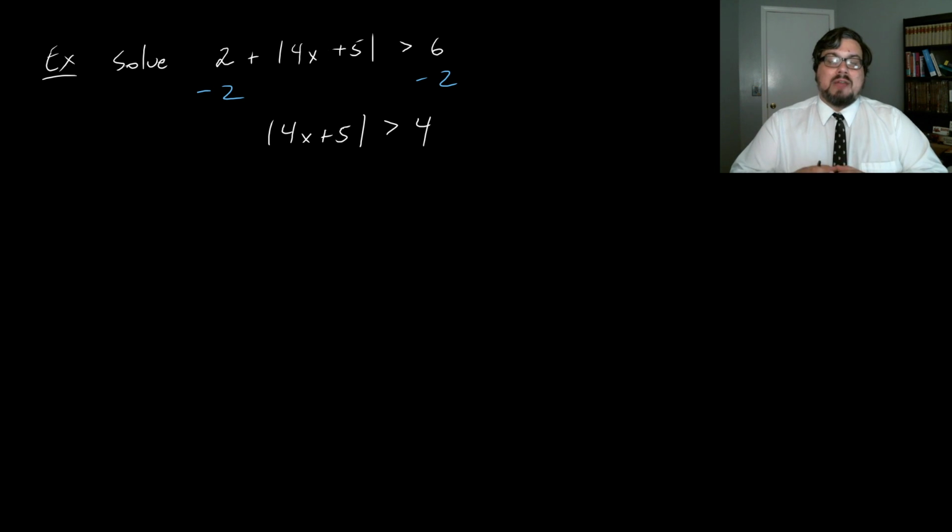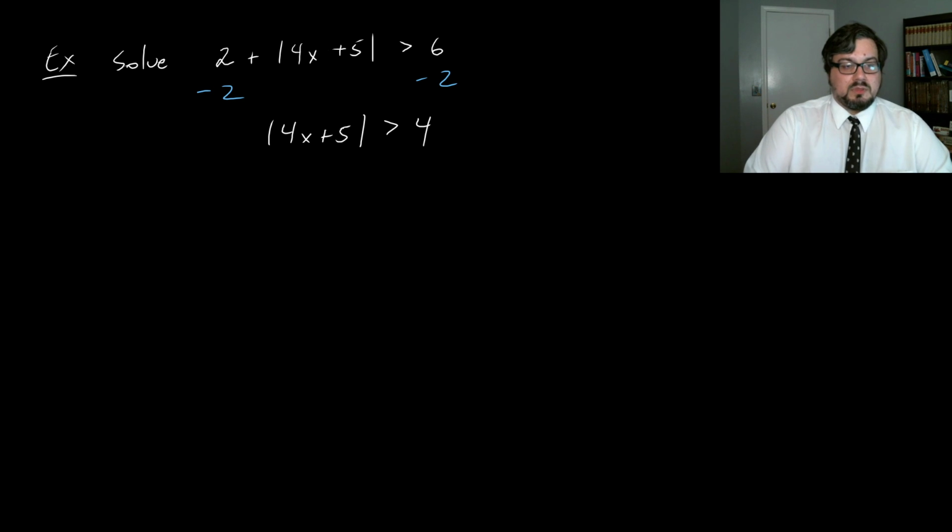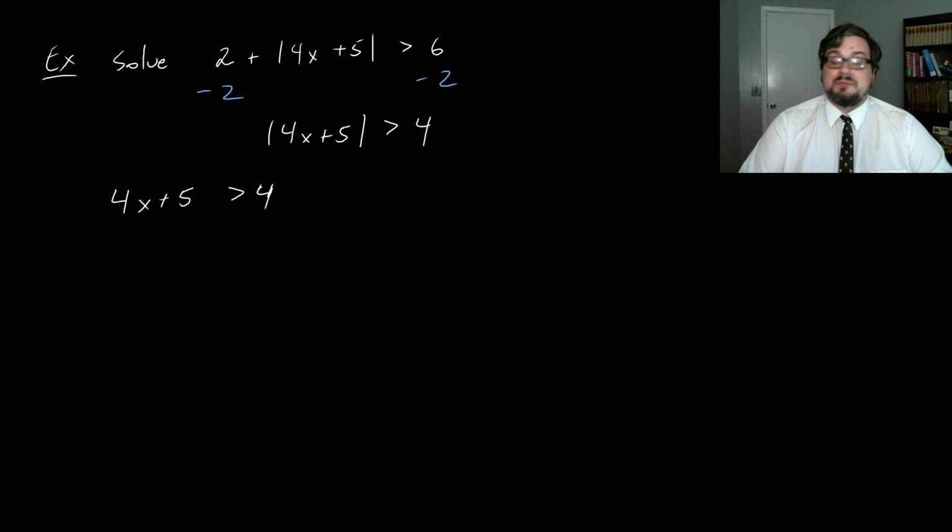Because this is a greater than inequality, the absolute value is greater than some number, that means we're going to be turning it into an or statement. It's going to turn into one inequality or another inequality. The first inequality we get is the inequality that we get when we just drop the absolute values and keep everything else the same.